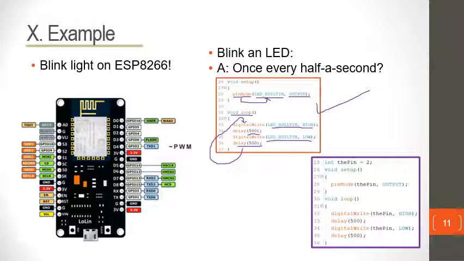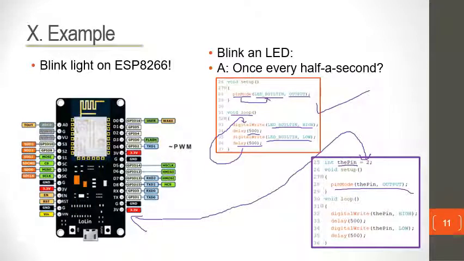Another way of doing this would be, first of all, to declare a variable for that particular pin. In this case, for our board, the LED for the ESP8266 is connected to pin number 2, so GPIO number 2 would be the one which connects that. So we declare a variable that the pin is equal to 2. This we do because it makes it easy for us to remember what we are referring to every time we refer to that particular pin, instead of just using the number 2.